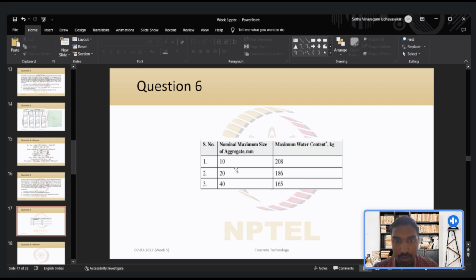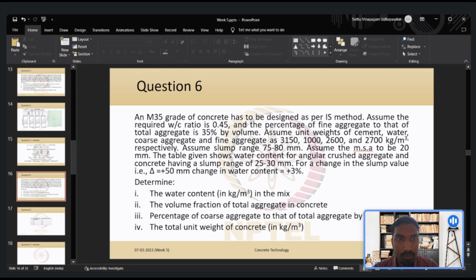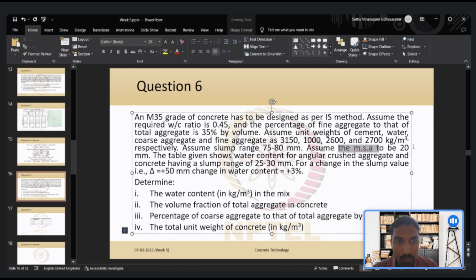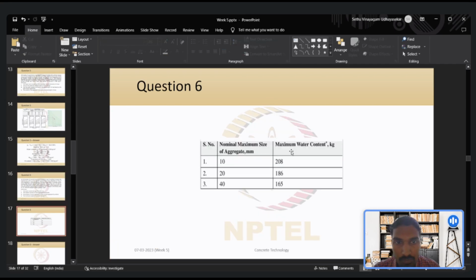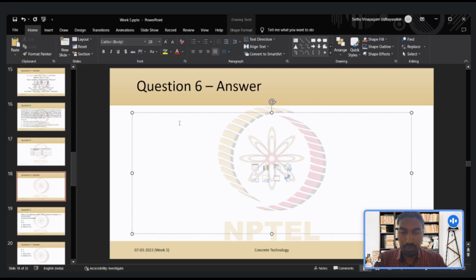Our problem says that we are using an MSA of 20 mm. So for 20 mm MSA, the water content is 186 kilogram per meter cube.